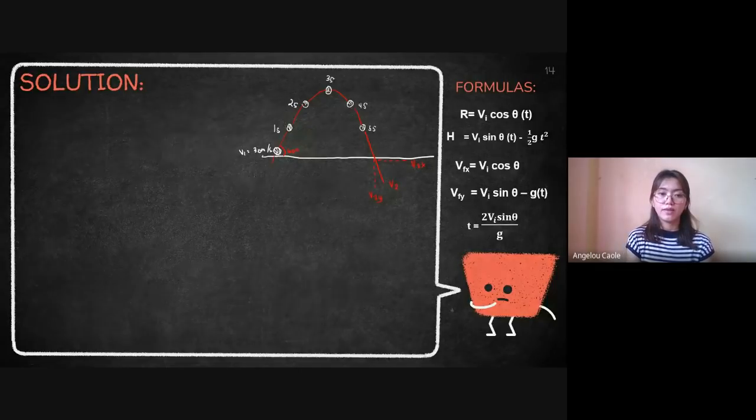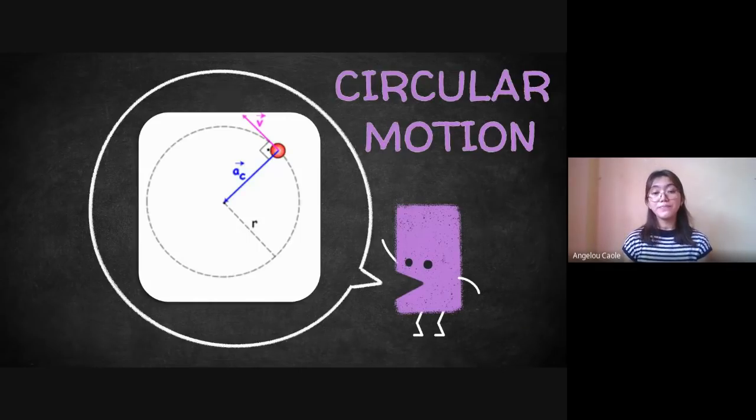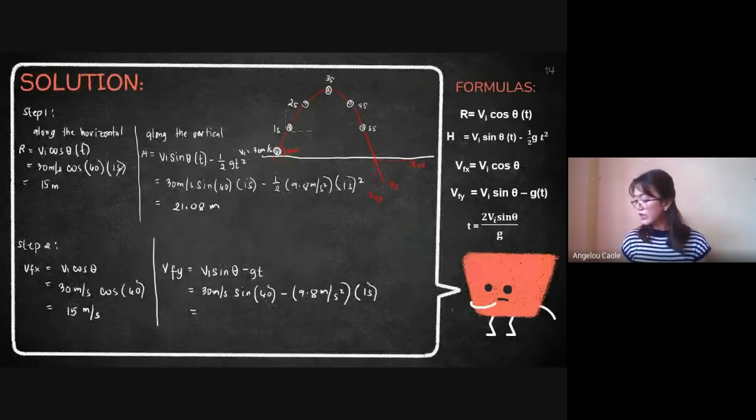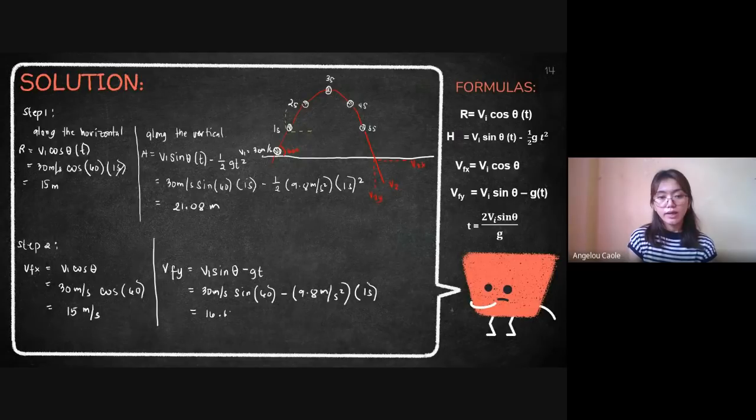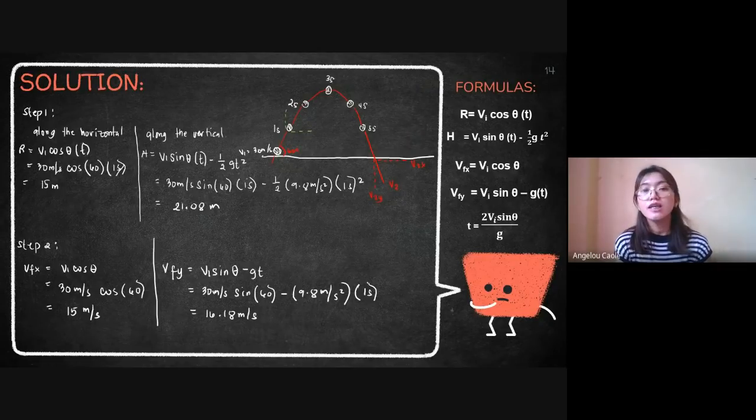So the answer here is 16.18 meters per second. Okay, so the velocity under horizontal component is 15 meters per second, and the velocity after 1 second under vertical component is 16.18 meters per second.